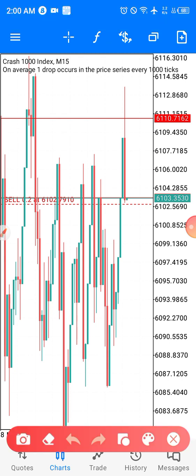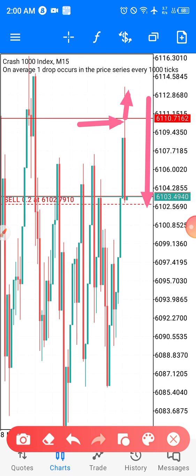Now, upon entering the market here, it counted some profit for you, which because of the momentum it was going, you just left it, that yes, this will still go, and now suddenly there was a spike against you. Now this spike can give you some losses. This is crash 1000.